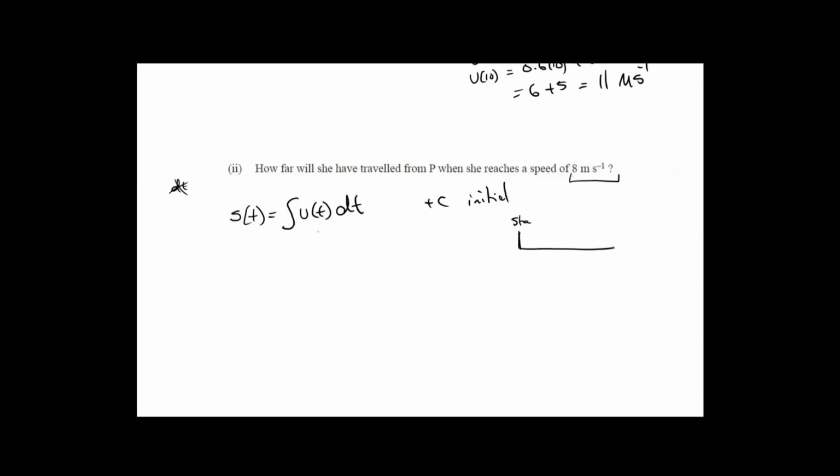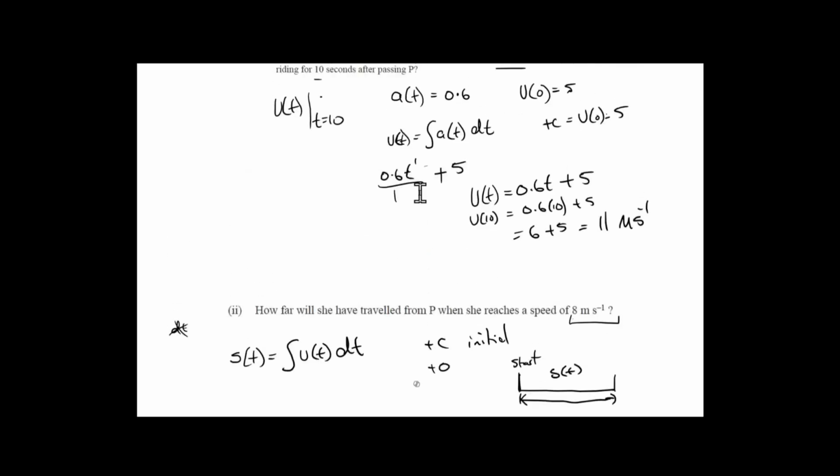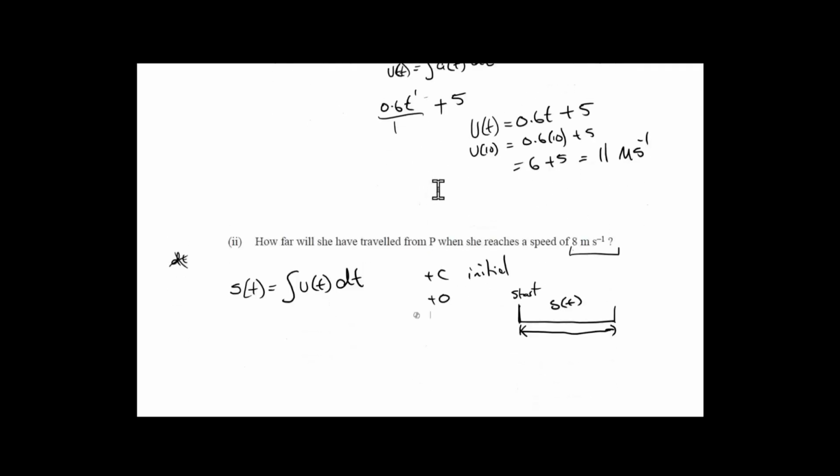The displacement here, S, as a function of time, is going to be this distance from here to here. The c here is going to be the initial displacement. Well, she's travelled no distance when time is 0. So c here is going to be plus 0. So V(t), we already worked it out. It was 0.6t plus 5.